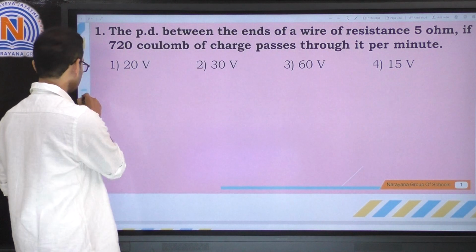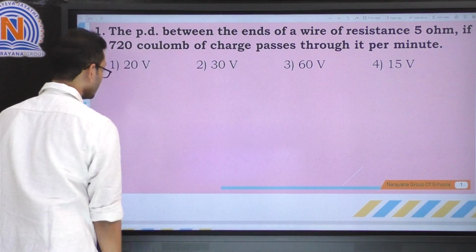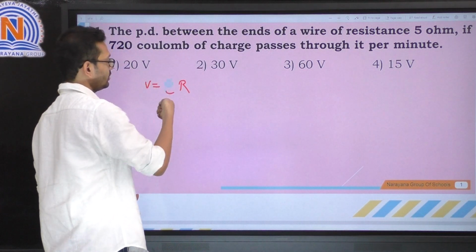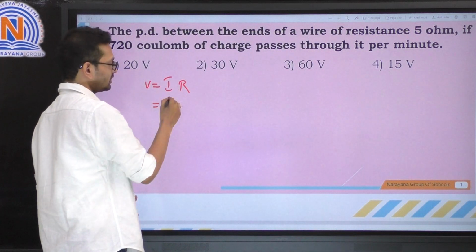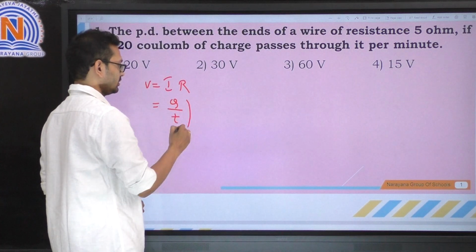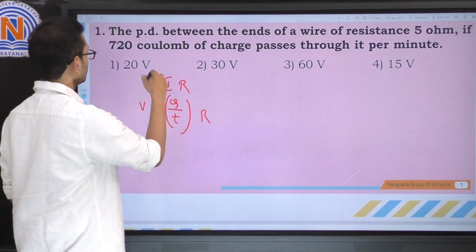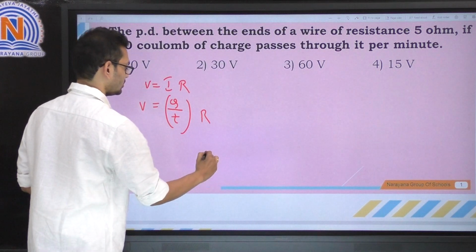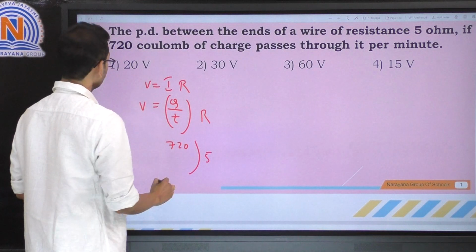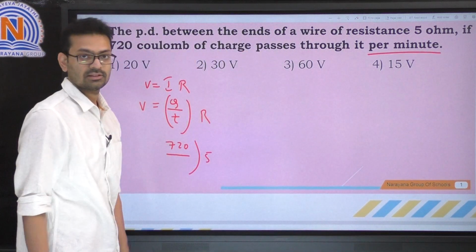Now whenever you get this kind of question, you have to deal with it using Ohm's law, V = IR. We all know that I, current, is nothing but flow of charges with respect to time, so V = (Q/t) × R. R is given as 5, so I'll substitute it with 5, and Q is 720 charges, divided by time, which is given as per minute, so I'll take it as 60 seconds.